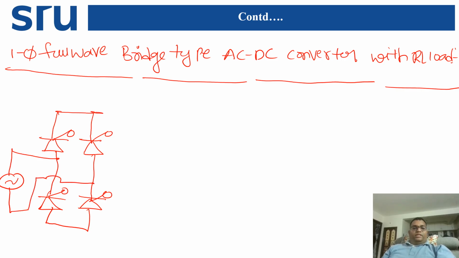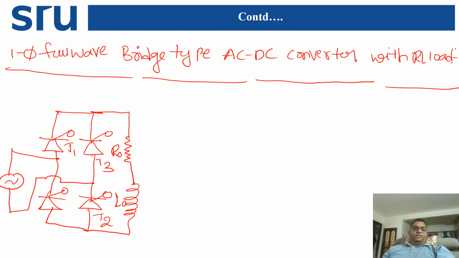Here the only difference is the R as well as L load. This is R naught, this is L naught. This is T1, this is T2, this is T3, this is T4. Like that we represent it here.